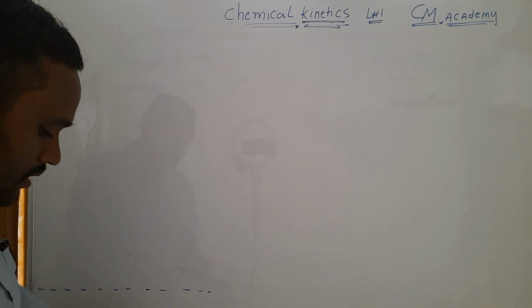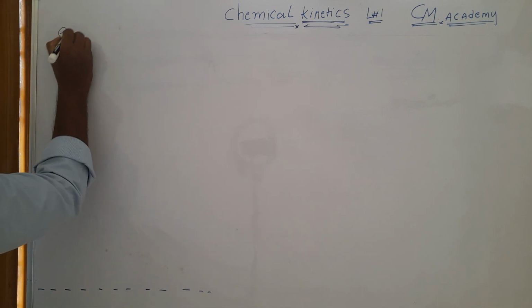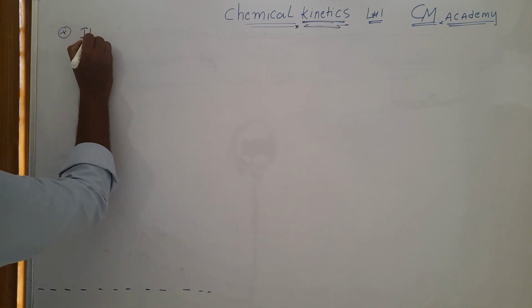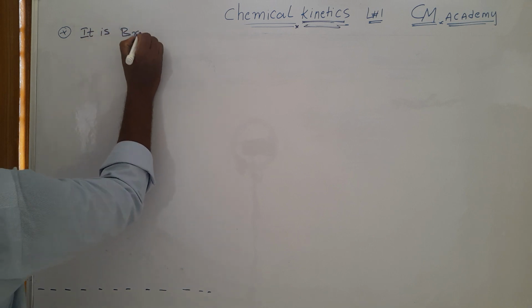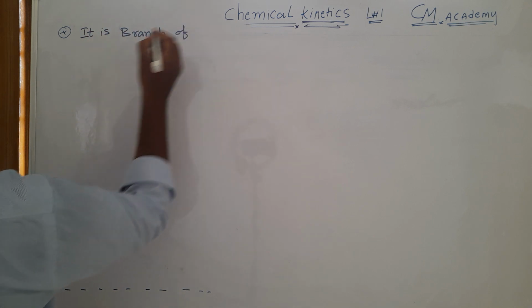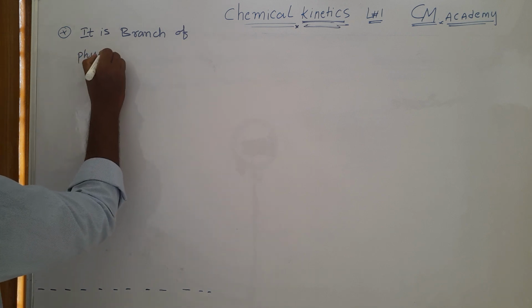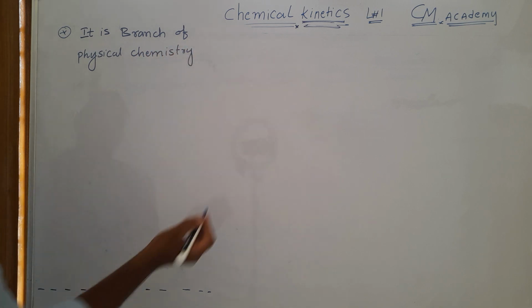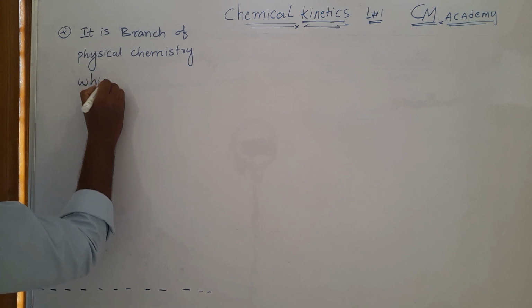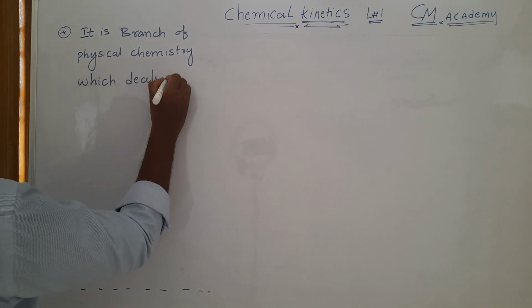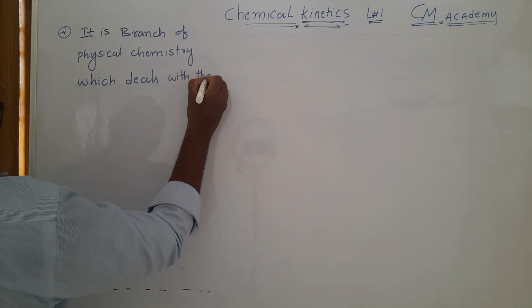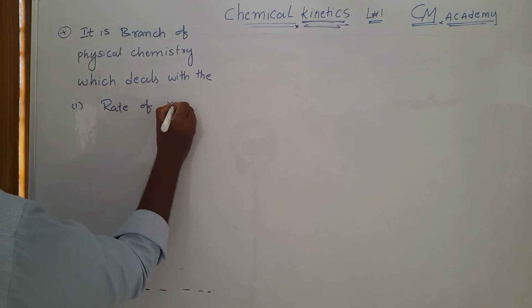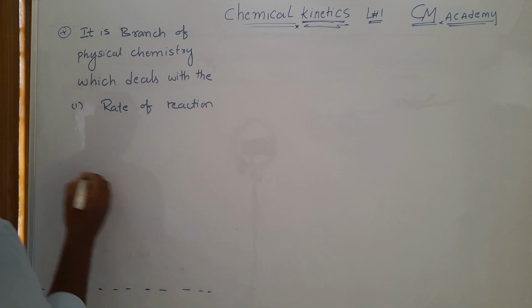Chemical kinetics is a branch of physical chemistry which deals with, first one, rate of reaction.